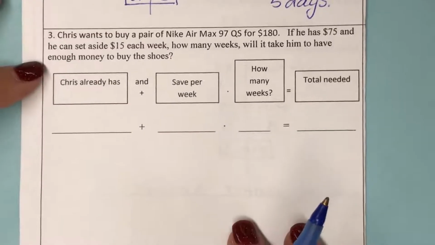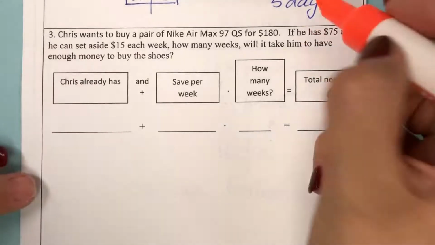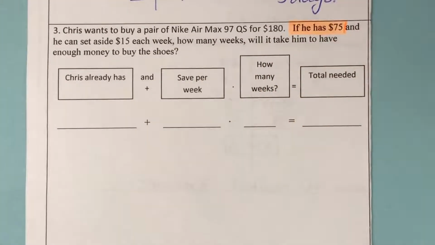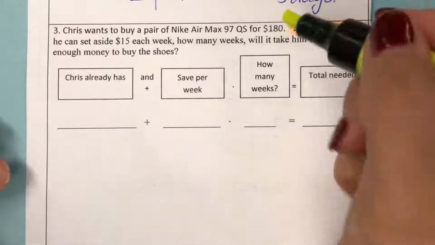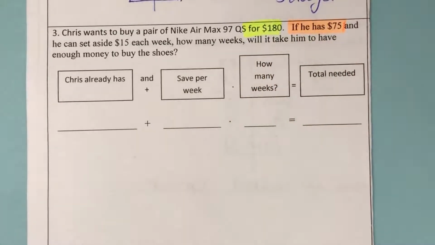So he has $75. That is something that he can already put towards those shoes, but the shoes are $180, so he still needs to save some money to be able to buy those shoes.